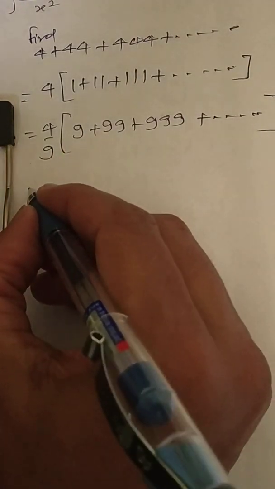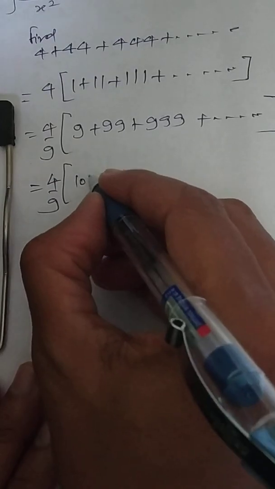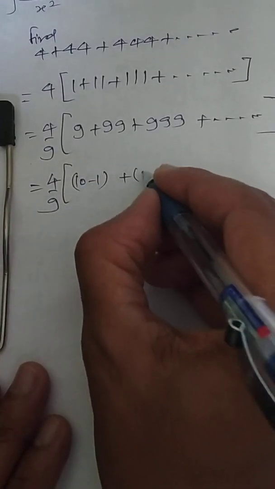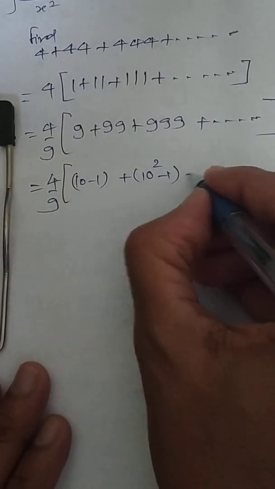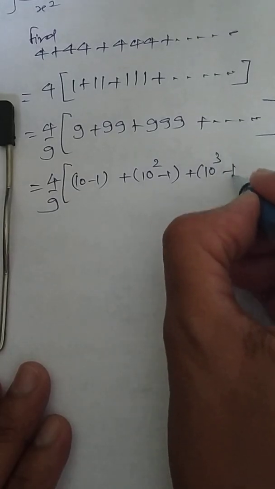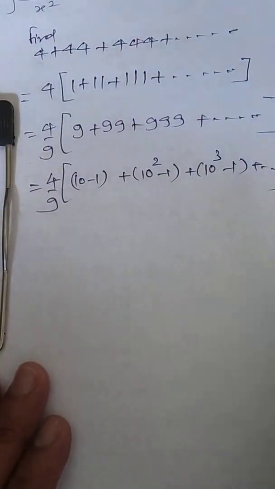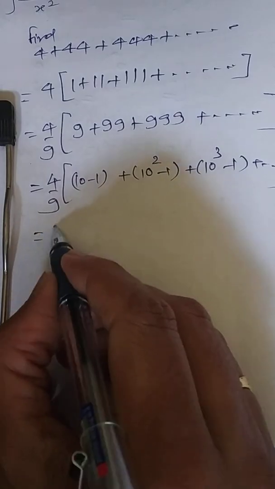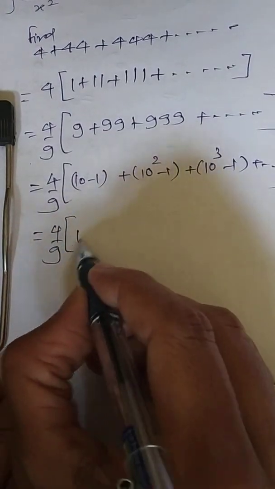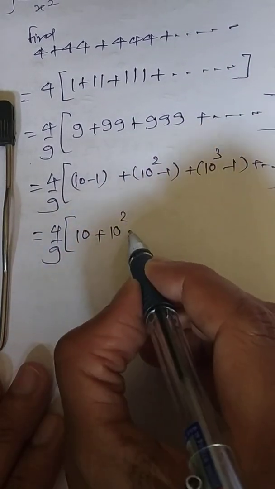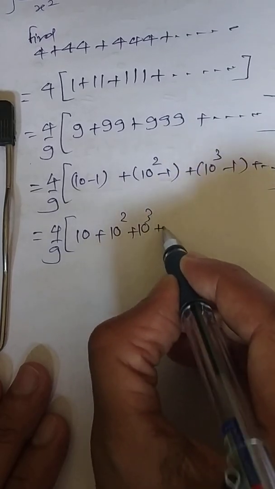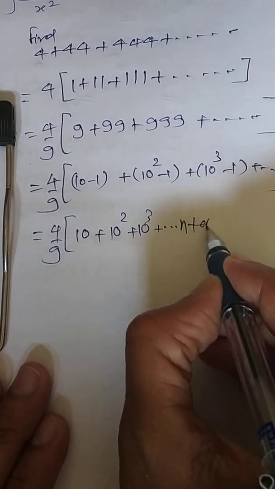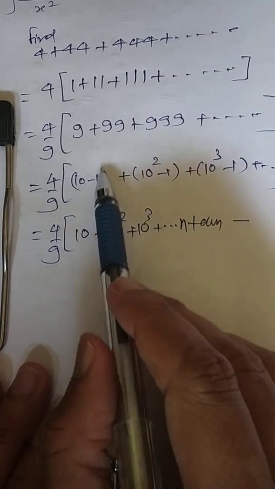So what is the next step? Look at the next step. 9 can be written as 10 minus 1. 99 can be written as 10 square minus 1. This can be written as 10 cube minus 1 and so on. Now the terms are more or less familiar to you. It is 4 by 9 over here. It will be 10, 10 square, 10 cube. Likewise there will be n terms and minus 1, 1, 1.